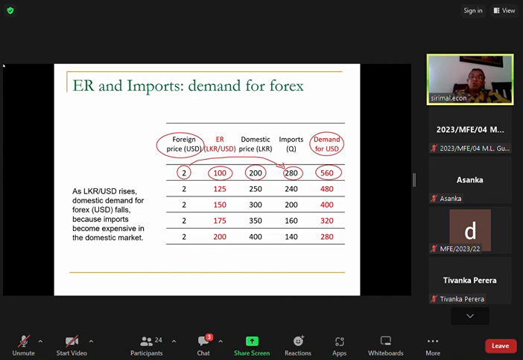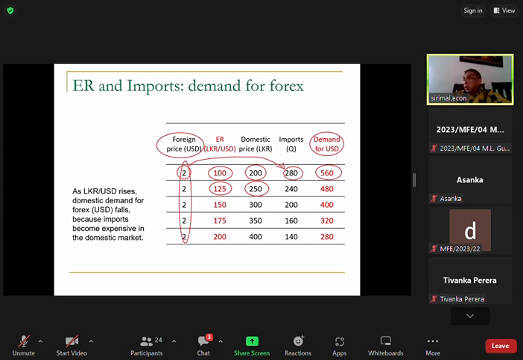We demand $560. Now suppose the exchange rate depreciated, so that next time it became 125. The foreign price has not changed, it remains the same throughout. But what you are paying to the bank in rupees will change now. Earlier you paid 200, now you have to pay 250 to buy the same $2.